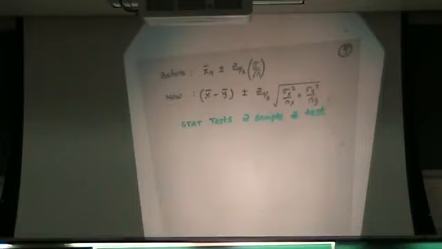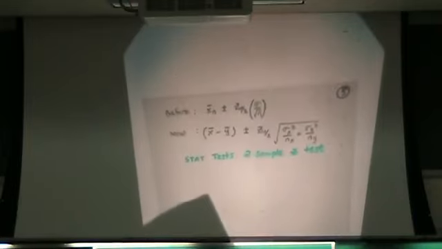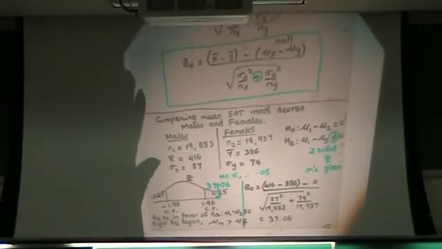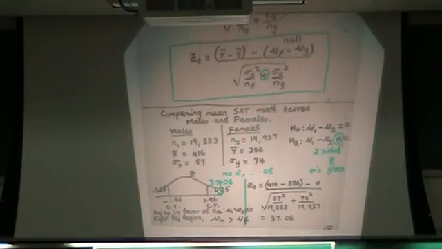Are you inputting data or are you inputting statistics? Statistics, because in this example they gave me x bar, y bar, and all that stuff already. They did not give me raw data. So I'm going to choose statistics and hit enter. Sigma 1 equals 87. Sigma 2 equals 74. X1 bar equals 416. N1 equals 19883.